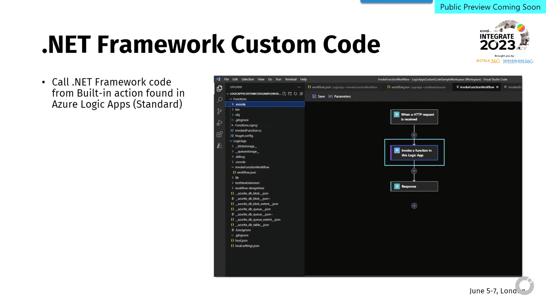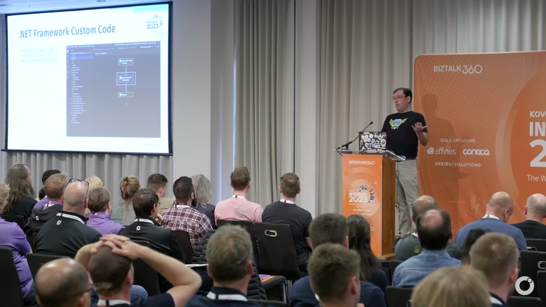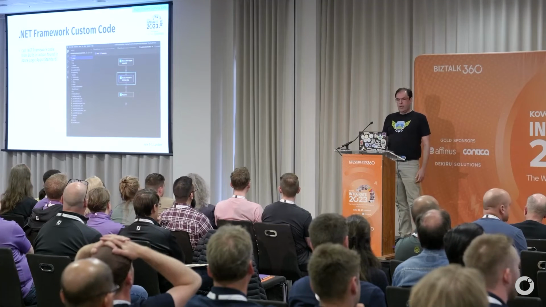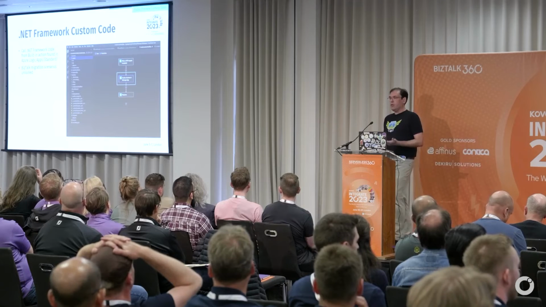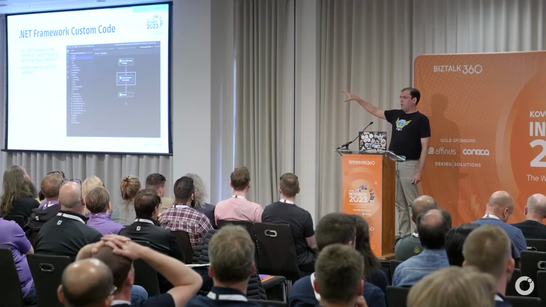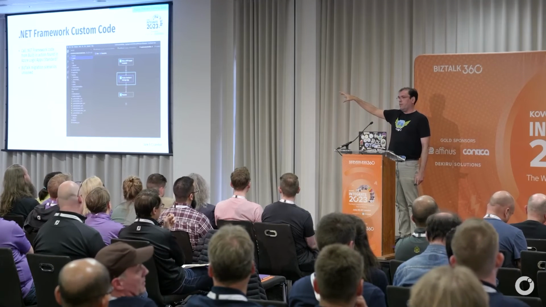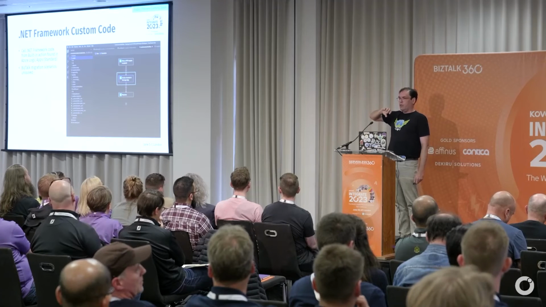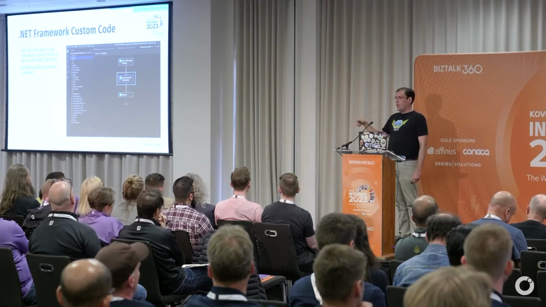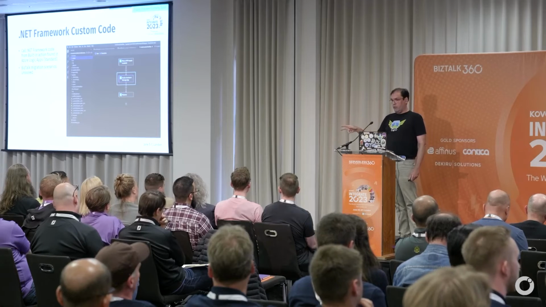For people from a BizTalk background, we are working on .NET Framework first because that would be unblocking those BizTalk migration scenarios. So the idea here is you have a bit of code in .NET Framework, and you're able to bring it to Logic Apps, reference that inside of your Logic Apps application, and run it from there.